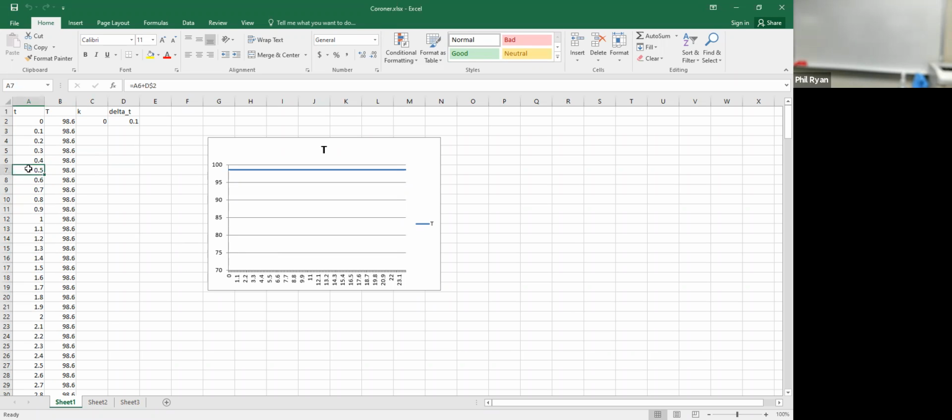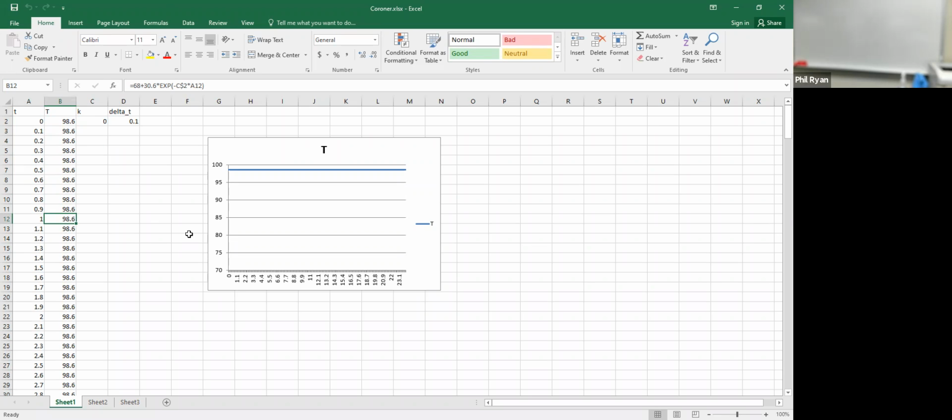Each row corresponds to a time since death, and you can see that the grid I'm using is 0.1. And here I've put in that formula, 68 plus 30.6 times exponential of minus k t.